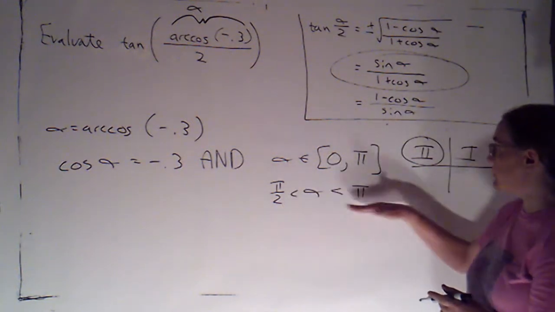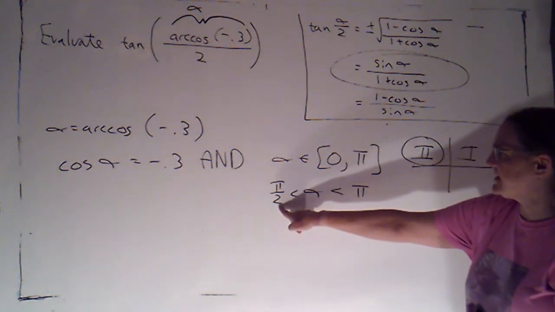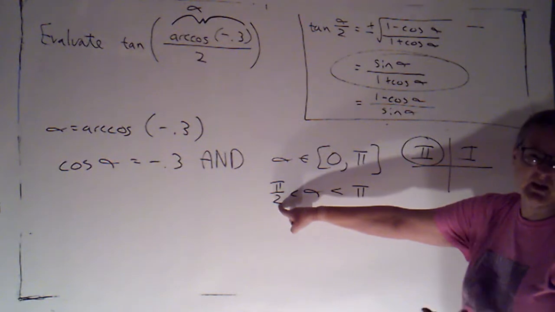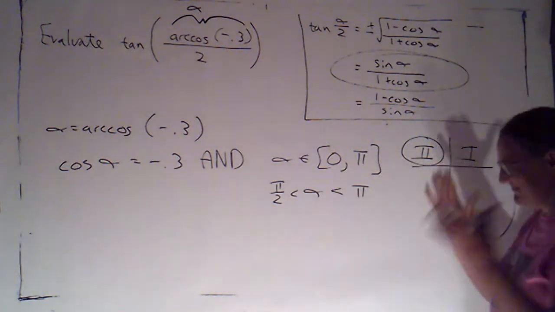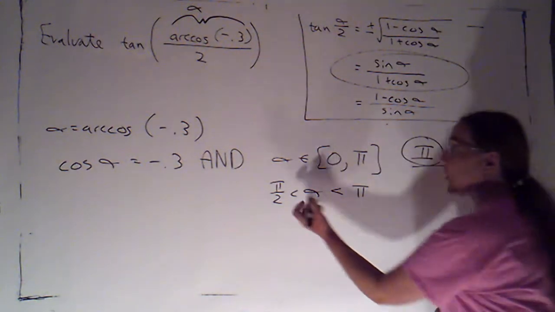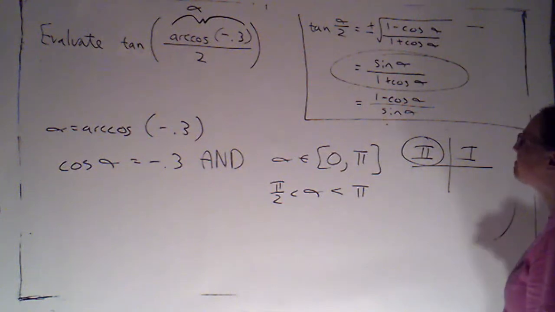Okay. So it's strictly in quadrant 2. I made these strict inequalities because I know alpha isn't pi over 2. If it were, its cosine would be 0. And alpha isn't pi because if it were, its cosine would be negative 1. Okay. Wouldn't be wrong to use inclusive inequalities. This is just more specific.